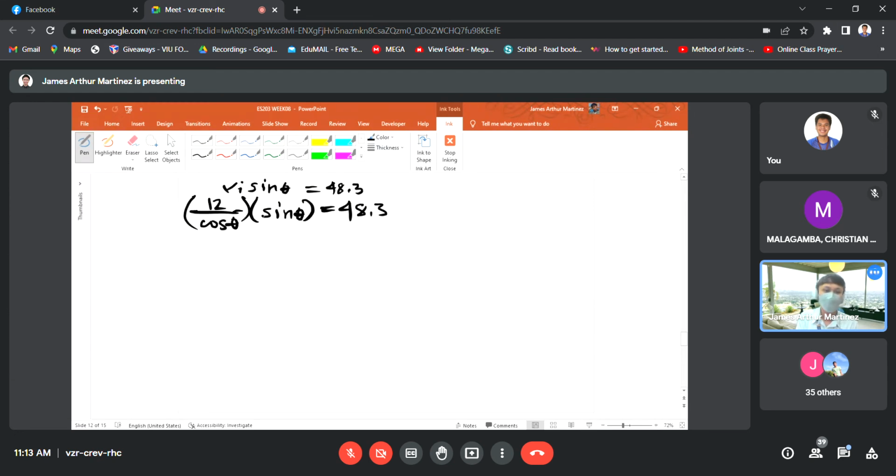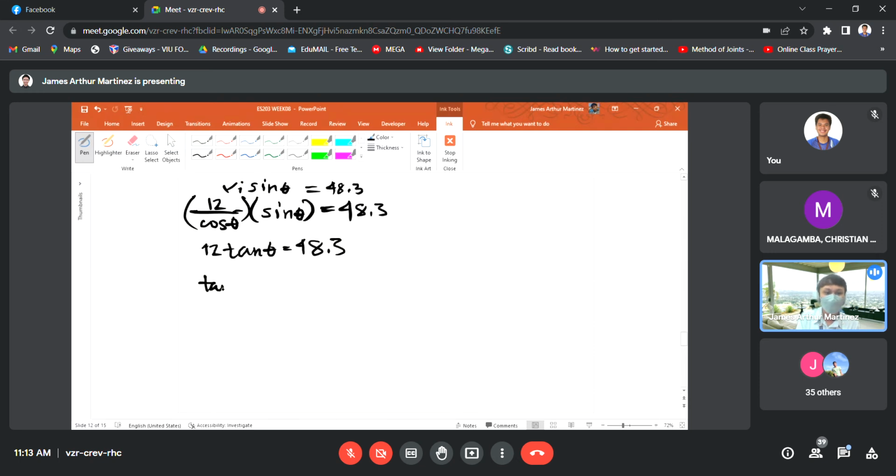And again, we have sine theta over cosine theta, so we can further simplify this equation into 12 tangent theta, since from trigonometric identities, tangent theta is just equal to sine theta divided by cosine theta. So 12 tangent theta is equal to 48.3.